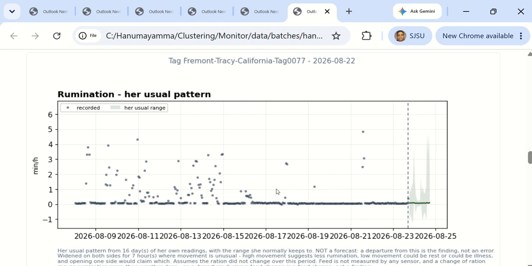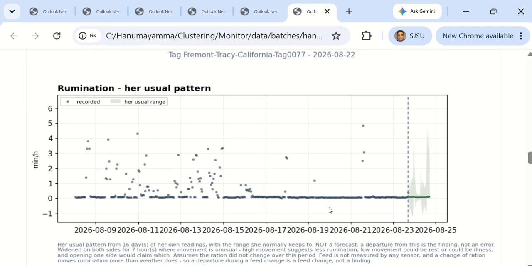High movement usually means less rumination. Low movement could be rest or could be illness. So we widen the band on both sides rather than claiming we know. This pattern assumes the ration did not change. Feed is not measured by the sensor, and feed changes affect rumination more than the weather does. So a departure during a feed change is a feed change, not a welfare finding.